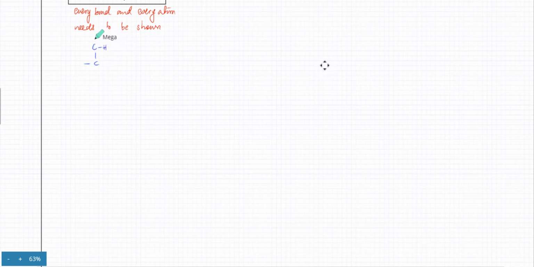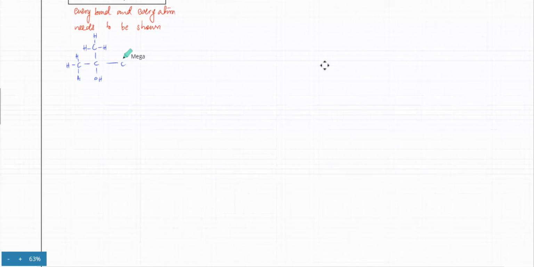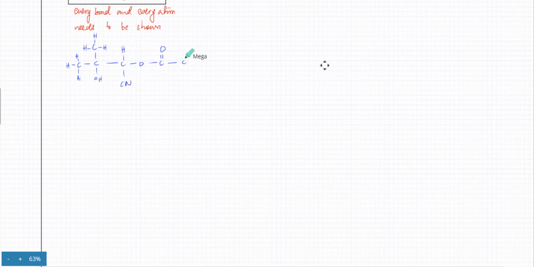Every bond is going to be shown. So let's say this is my molecule. I'm going to draw the condensed version.